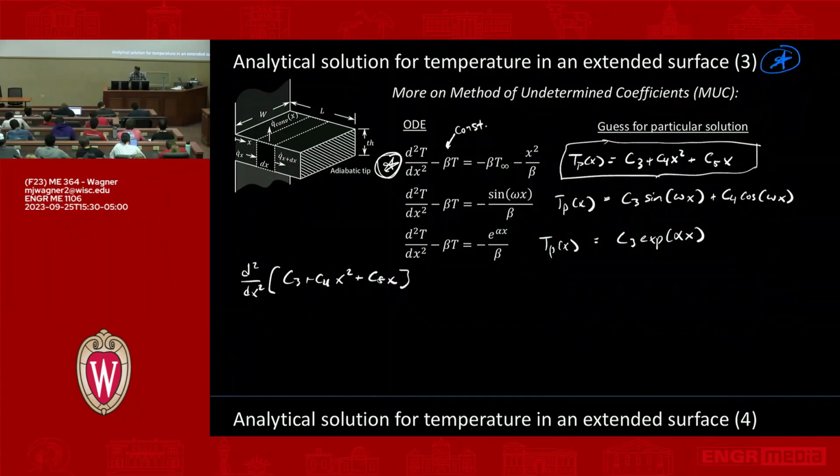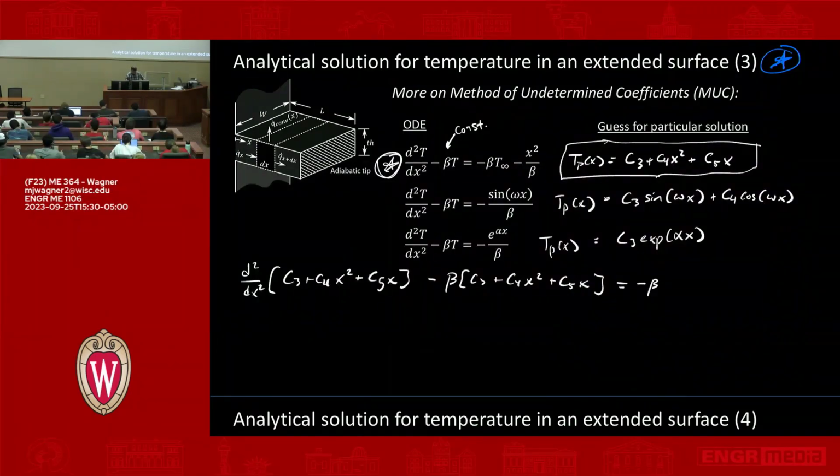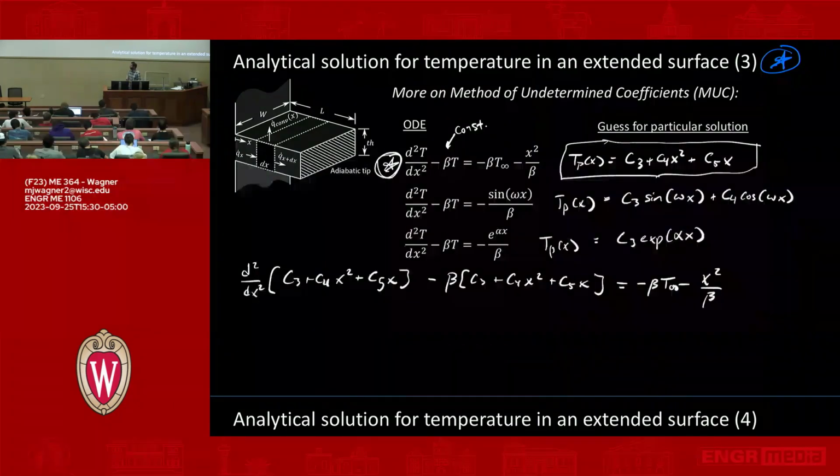Okay, that's the second derivative minus beta, again, c3 plus c4 x squared plus c5x. It's equal to minus beta t infinity minus x squared over beta. That's just the example we were taking.